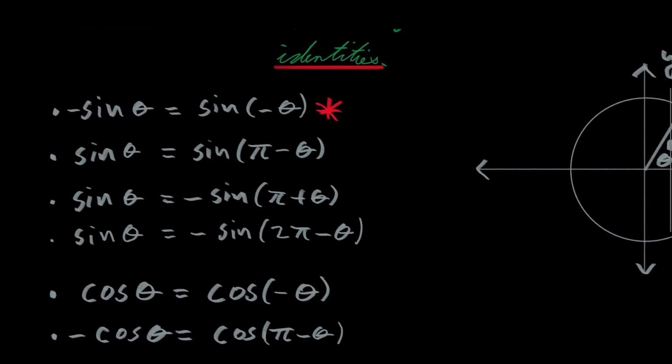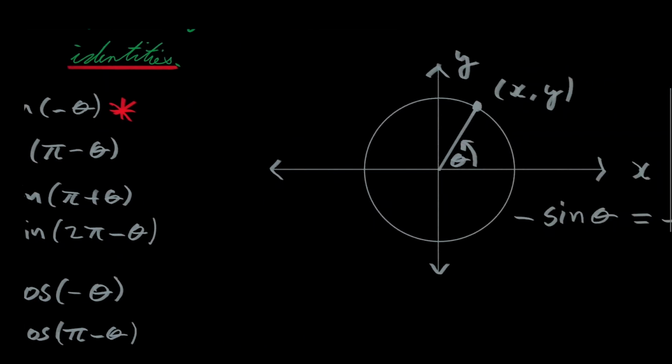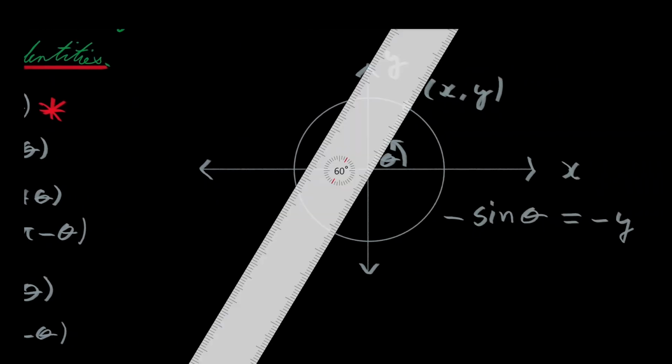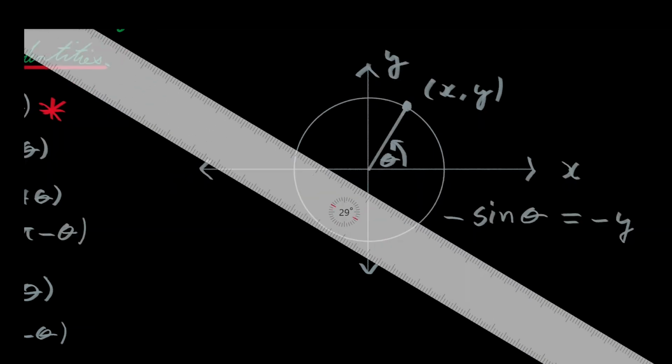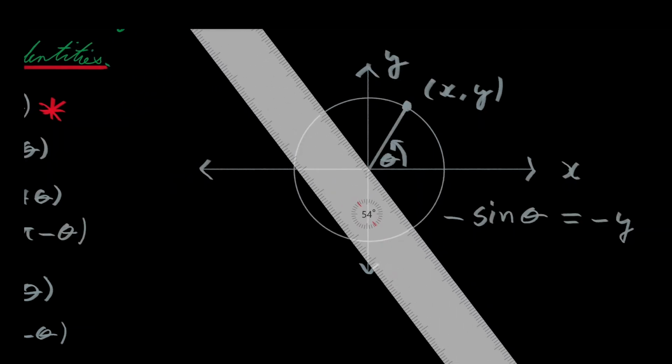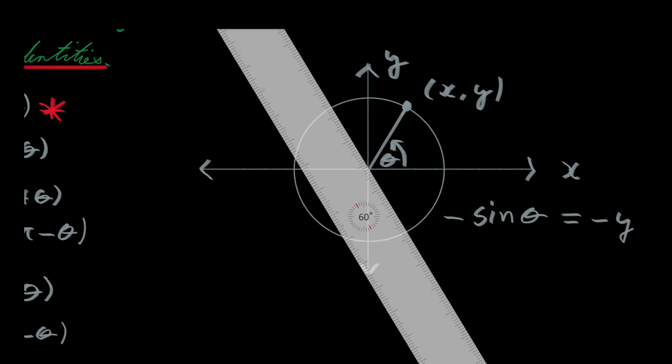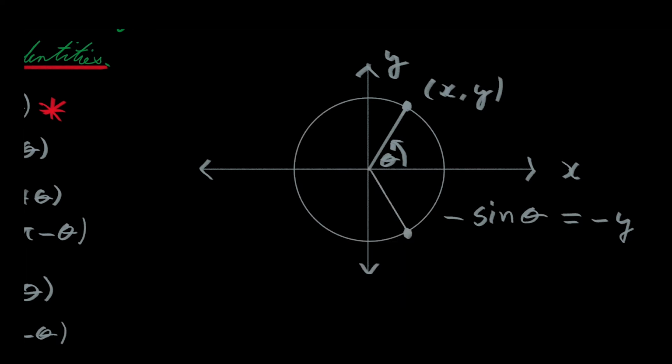If we multiply both sides by -1, we'll have negative sine of theta on the left and negative y on the right. We're talking about negative sine of theta. Now let's consider what negative theta would be. Negative theta would just be the same angle as theta, but measured clockwise from the positive x-axis to some point on the circumference. So this angle here would be negative theta.